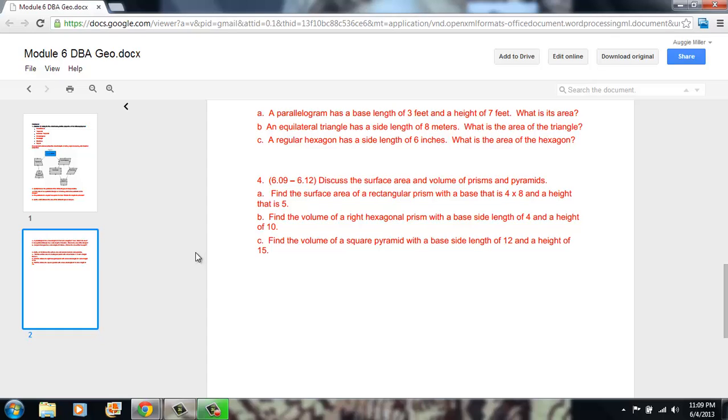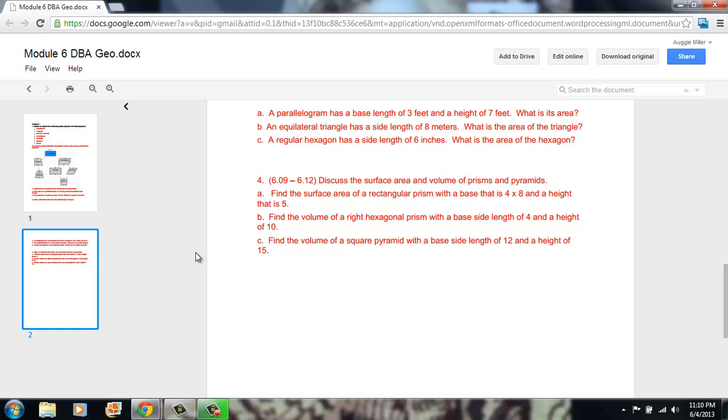So the surface area is just the area of all the sides and bases added together. So we will find the area of the base, 4 by 8. So 4 times 8 is 32, times 2, because the top and bottom makes 64. So we'll write that down over here, 64.